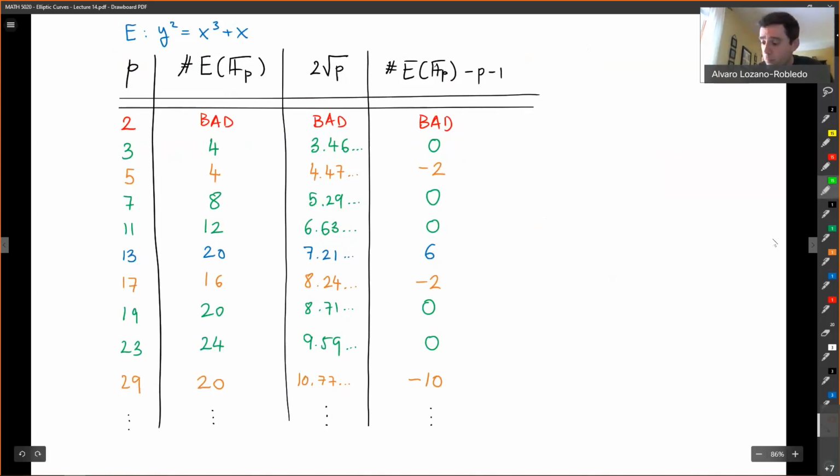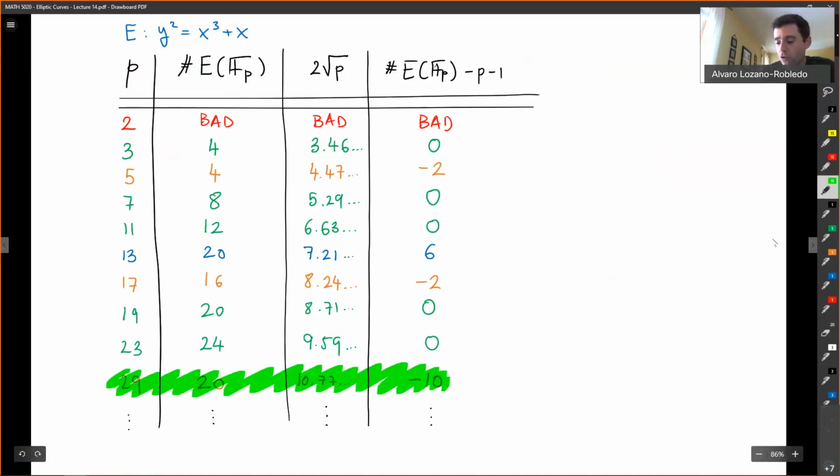One thing that I wanted to point out is this prime, where you see that the bound is 10.77. So that means that the difference between the number of points and q plus 1, the error, can be at most 10, because those are 2 integers.